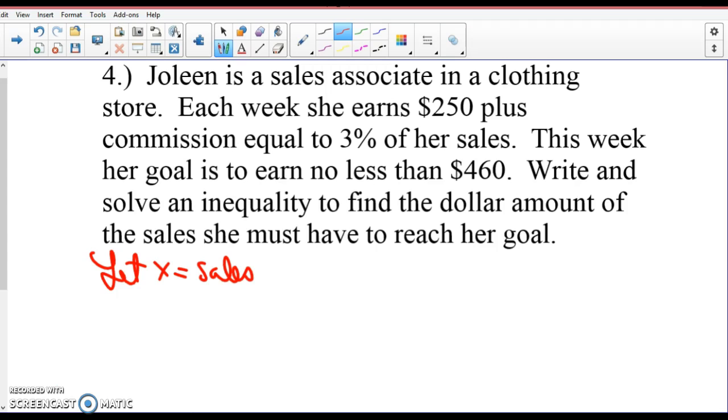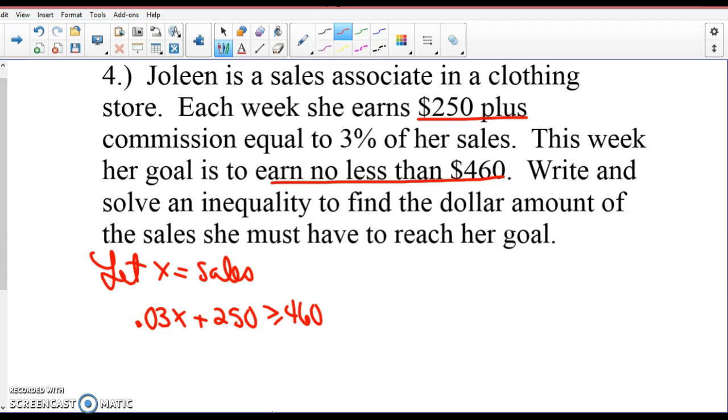So, who thinks you can give me the inequality? Justin. Yes. And guys, I'm telling you right now, this is an actual real life problem.